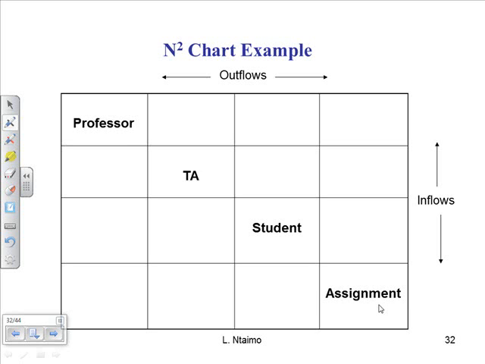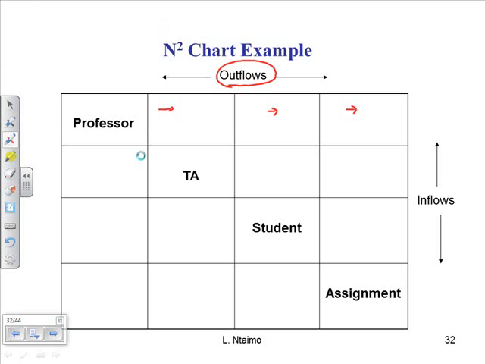So for the n-squared chart, the leading diagonal is going to contain the entities of interest, and then the inflows refer to what each entity is going to receive. The outflows refer to what each entity is going to give, the output from the entity. So the outflow is going to be written along the horizontal, like this.